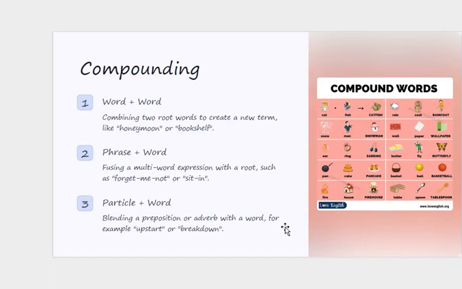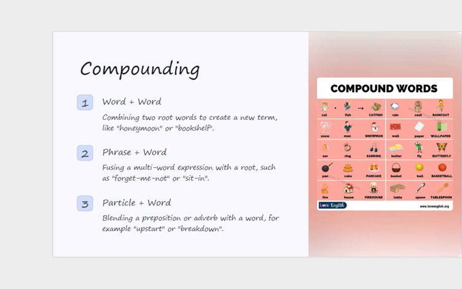From affixation, we move on to the second process of word formation. We call it compounding. As the name suggests, it is compounding of some words. So it can be a word to word compounding, a phrase to word compounding, and particle to word compounding.